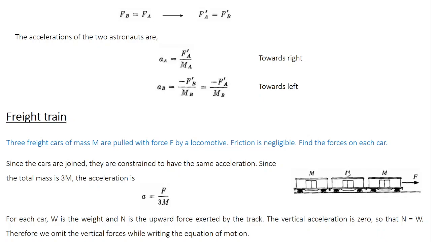You can forget about the jerks here. So in the ideal situation, there is no movement in the upward direction, which means the upward force N is compensated by the downward force W. So N equal to W. Since these two forces are equal and opposite, there is no vertical acceleration. So we don't have to consider the vertical forces while writing the equations of motion.